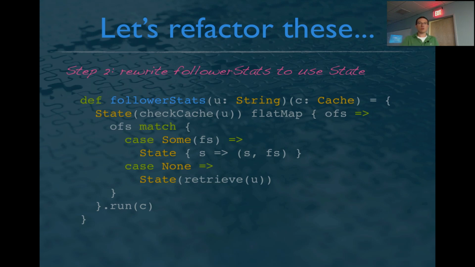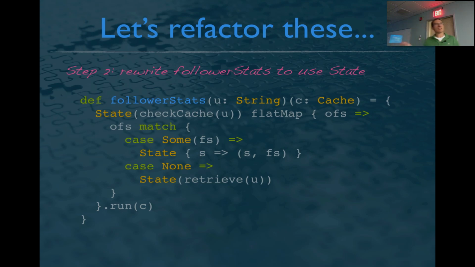So if I have this retrieve, that when I partially apply with a user can give me cache to cache follower stats, I can wrap that retrieve into a state, and now I have a state whose output A value is follower stats. And that's what I needed overall, right? So the none case is pretty straightforward, once you get used to partially applying these functions and lifting them into states, which comes pretty naturally.